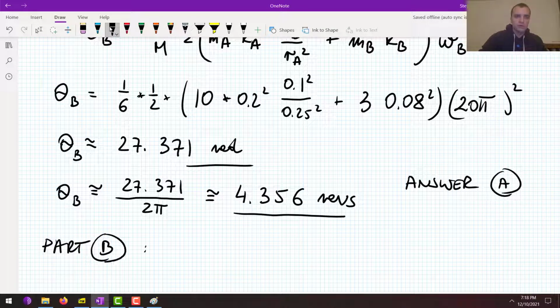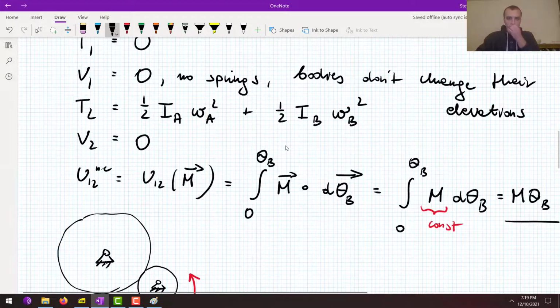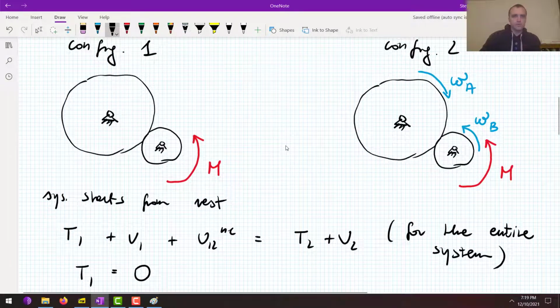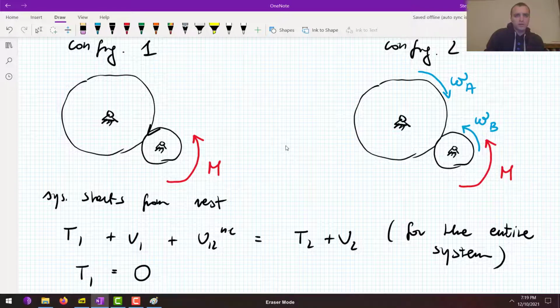Where they ask us to find T_AB, the force acting on gear A generated by gear B. So it will be that force in between our gears.